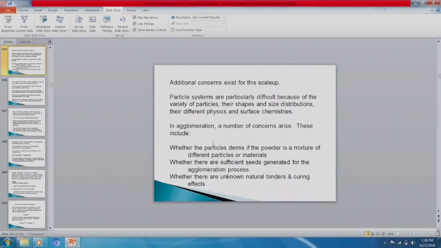Whenever you're dealing with solid systems, it's often a good idea to seed the process. Seeding the process could help you avoid problems. There are also unknown effects of binders and curing effects.